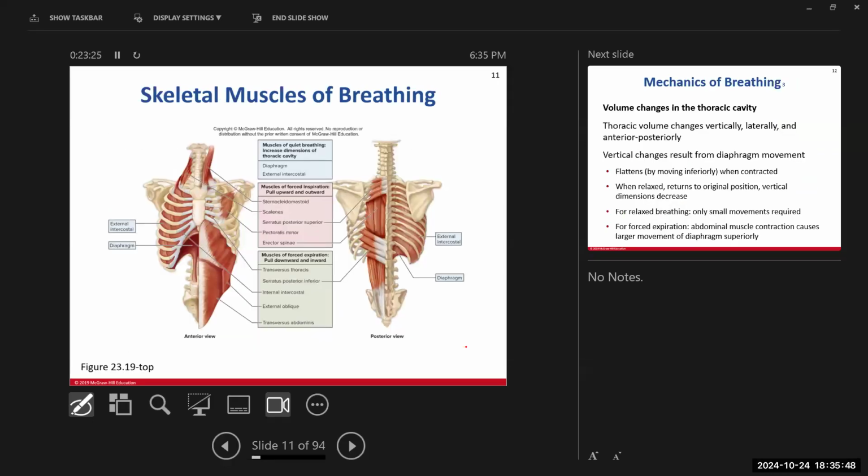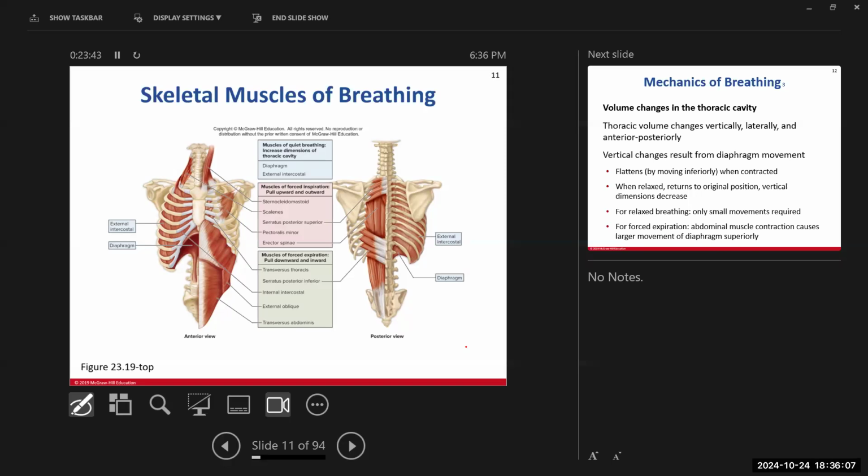So this picture here kind of shows you what we're talking about for the muscles for our inspiration. So you've got your scalenes, you've got your sternocleidomastoid muscle, there's the pectoralis minor muscle there.